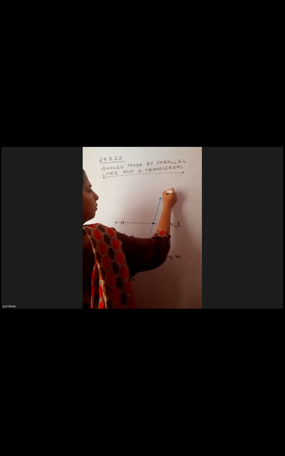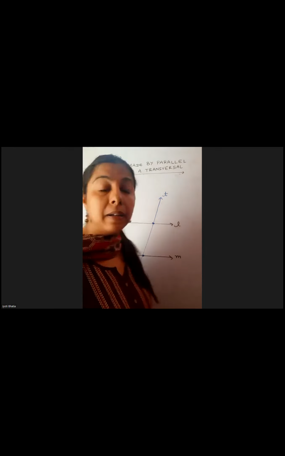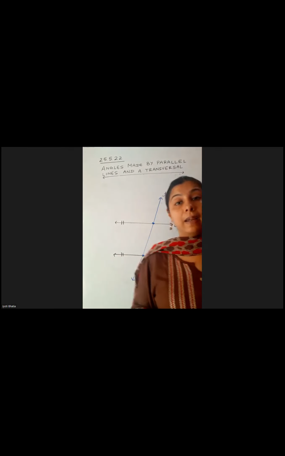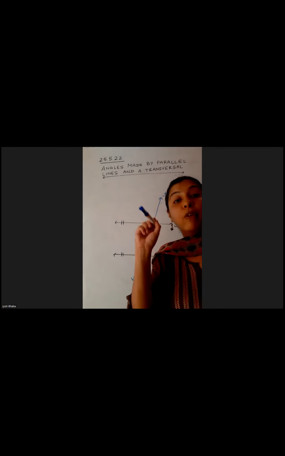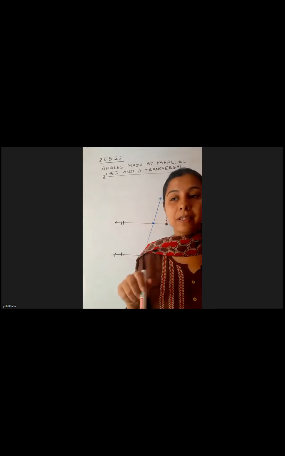So we define the transversal line, let us put it as t. We define a transversal line as a line which intersects the given pair of lines at different, distinct points. Achha, tell me one thing. If I draw a line like this, will this also be a transversal? Yes, ma'am.